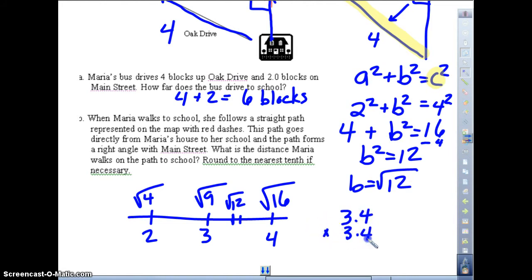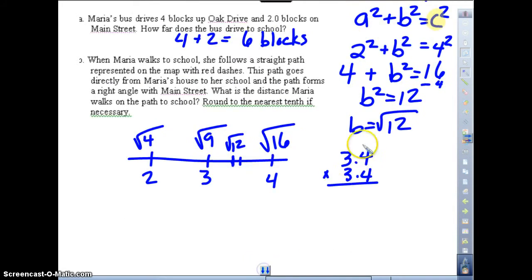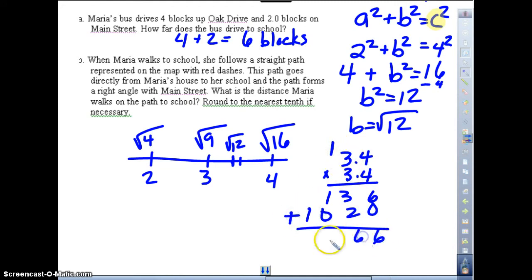They want it to the nearest tenth, so we're going to check it out by hand. Put in a 0 there. Add those up with 2 decimal places. Pretty close to 12. What's your next guess?